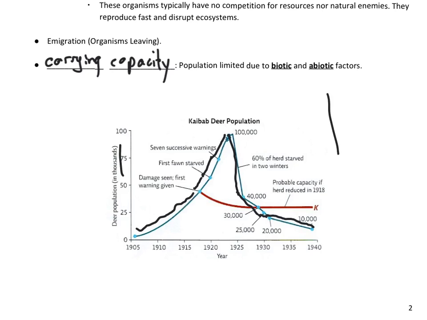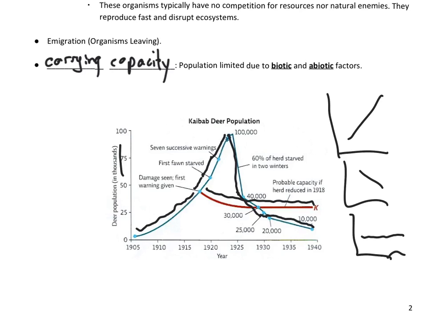Where we've talked about direct relationships with graphs and indirect relationships with graphs, right? And then this dynamic equilibrium. So carrying capacity is a great example of an eventual dynamic equilibrium, where this red line represents the best number of deer, the Kaibab deer, that could live in the ecosystem without using up all the resources and helping have a sustained healthy population.